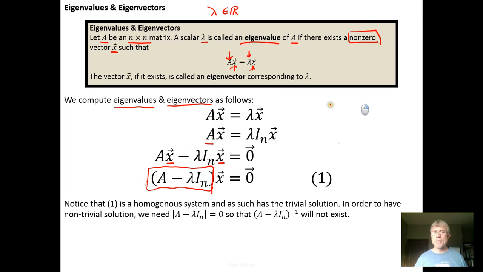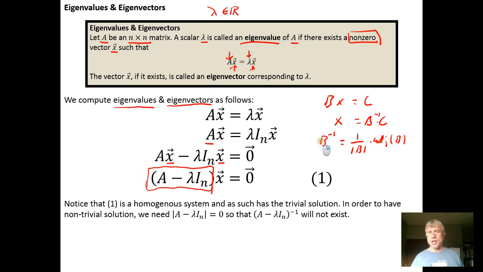Remember, if we have Bx equals c, and B has an inverse, then we can solve for x by doing B inverse times c, and we're guaranteed that the solution is unique. And remember, we came up with the formula in the last set of homeworks that B inverse is equal to 1 over the determinant of B times the adjoint matrix of B.